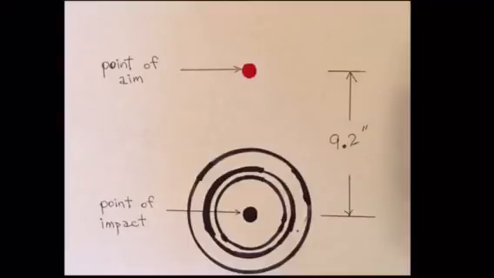It means that if we aimed the rifle without a scope, without even using any adjustable sights, if we simply looked down the barrel of the gun to aim it, if we were shooting at a target 200 yards downrange, we could aim at a point 9.2 inches above our desired point of impact on the target, and when we pull the trigger, the bullet would leave the bore of the barrel, headed initially in the direction of that red point of aim, but as soon as it left the barrel, gravity would begin pulling it downward, and during that 200-yard flight to the target, as we have calculated, it would be pulled down 9.2 inches, and as a result, we would hit our desired point of impact right on target.